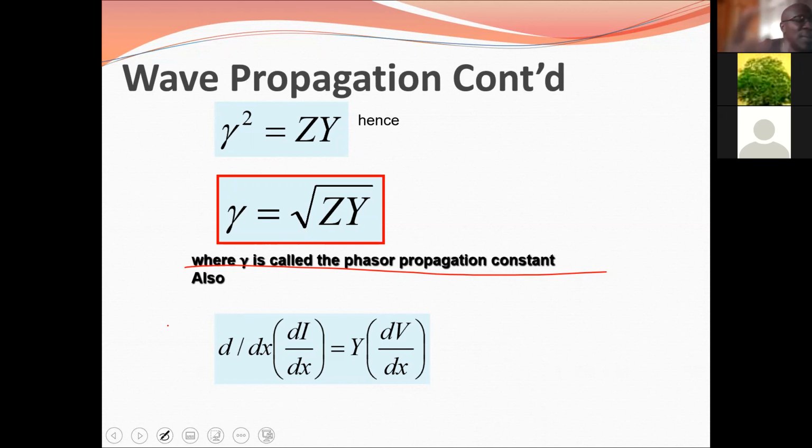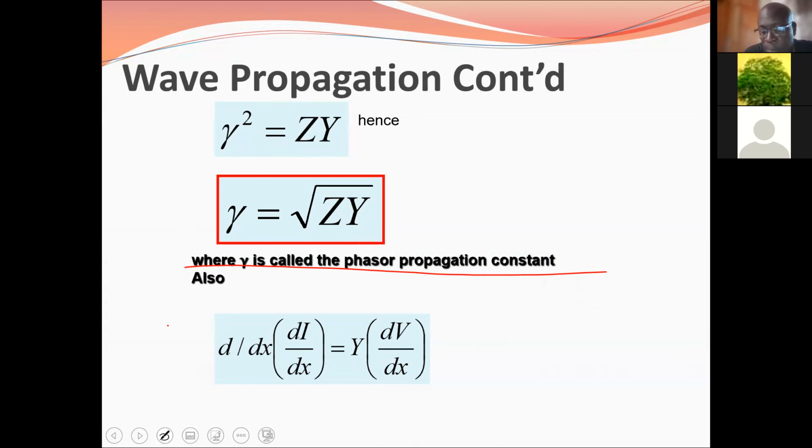But earlier, we had an expression for dV/dx, right? Which was the P e to the gamma x minus Q e to the minus gamma x.